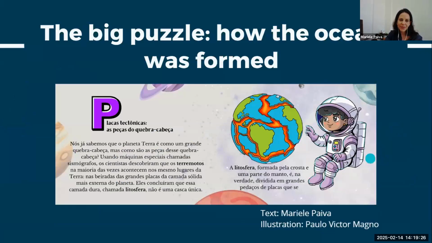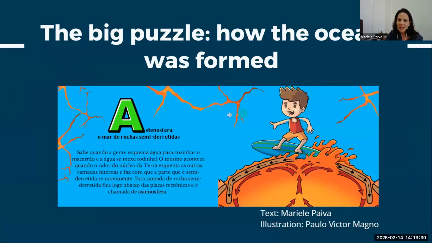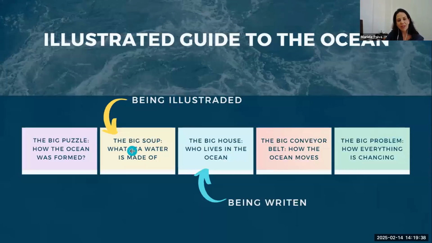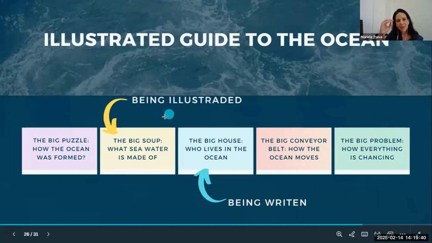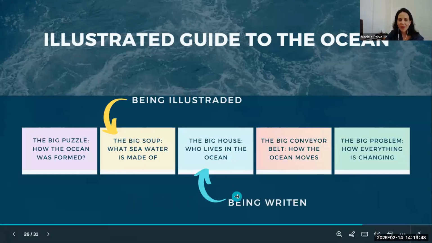And here we are talking about the atmosphere. And yeah, so this one is about to be published. And now the second one is already written and it's being illustrated right now. And the third one is being written. So by the end of this year, we hope to publish the 5 of them.